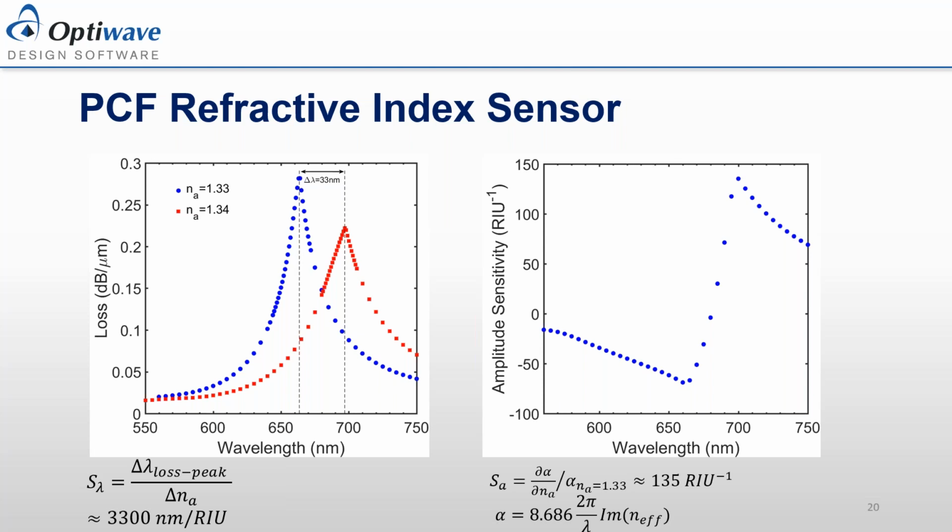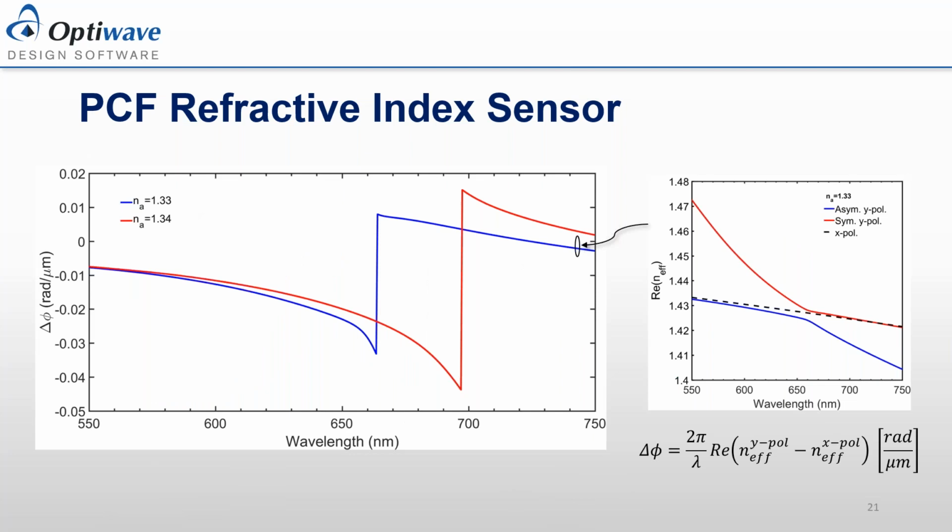The third and final scheme for measuring the refractive index change of this particular structure is to monitor the phase difference between the X and Y polarizations. As stated before, the X polarization is not affected by the plasmon and therefore by the analyte.